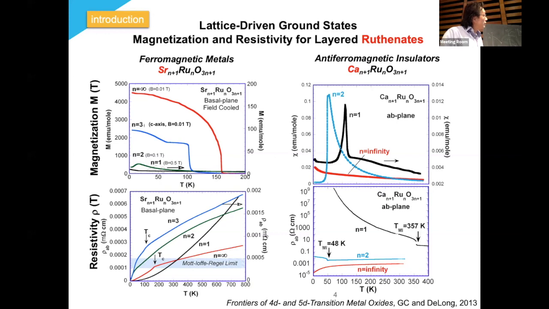For all these calcium ruthenates, they tend to be antiferromagnetic, and they tend to show an insulating state with a metal-insulator transition. One of these compounds shows this transition at 357 Kelvin, and it is the one that we're going to talk about. This is single-layered calcium 2 ruthenium 04.